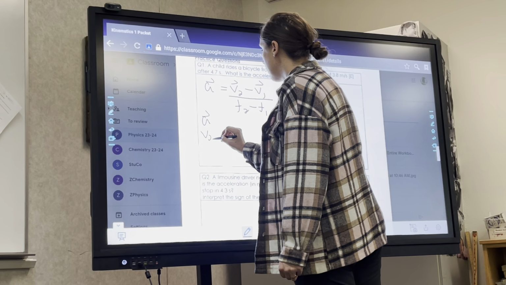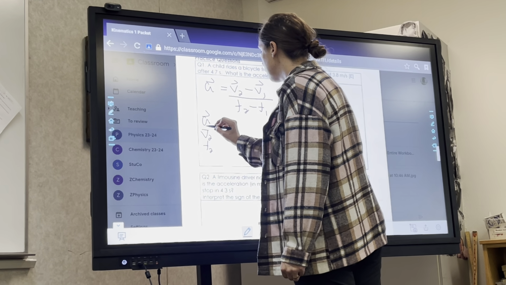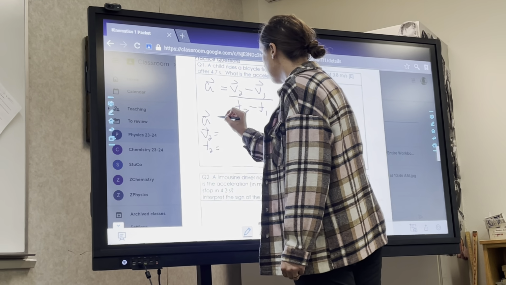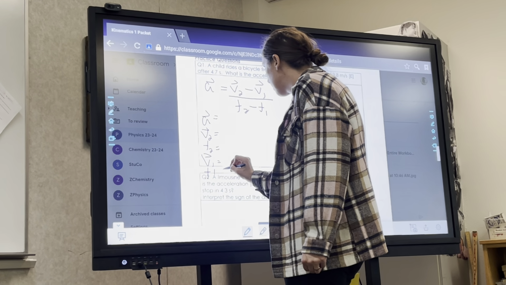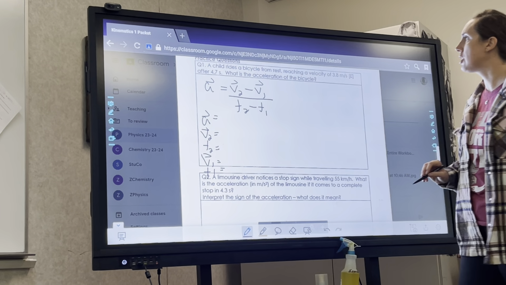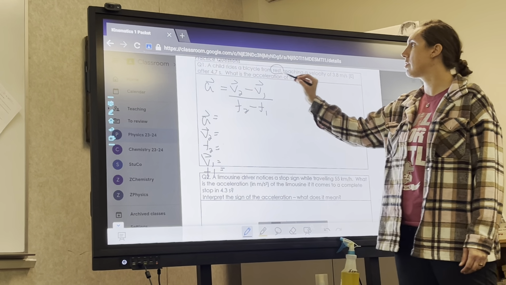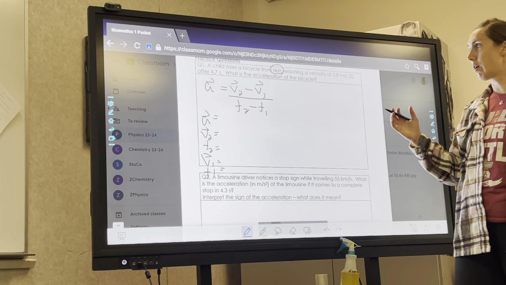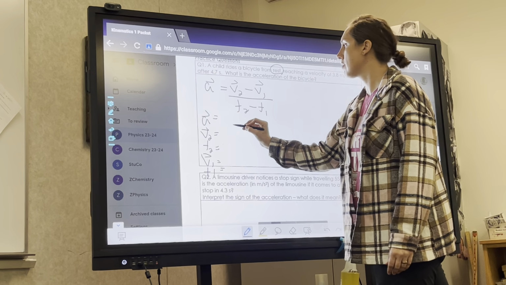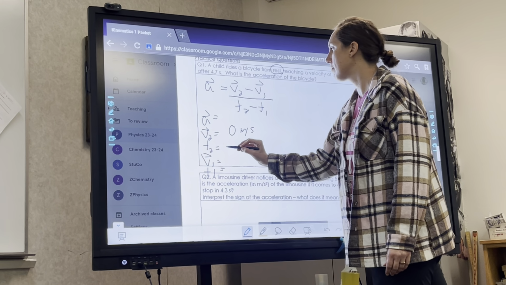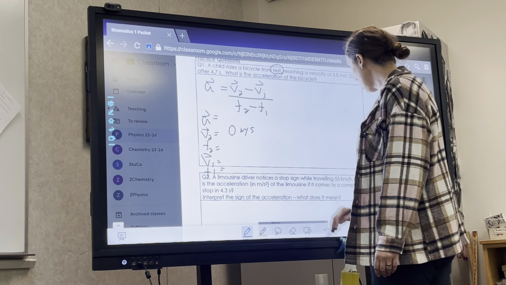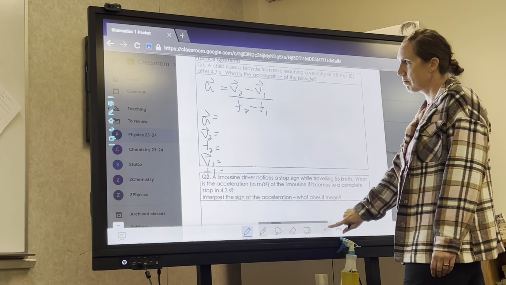What is my V2, T2, V1, T1? A child rides a bicycle from rest. What did we just say about rest was? 0. When you're at rest, your velocity is 0 meters per second, and your time is 0. Oh, y'all, sorry, I did it backwards.